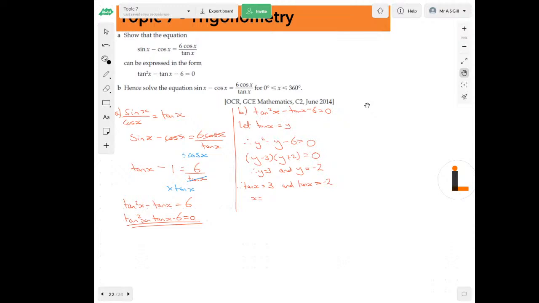So we should get here 71.5 degrees and 251.5 degrees. Again, these are unrounded values.